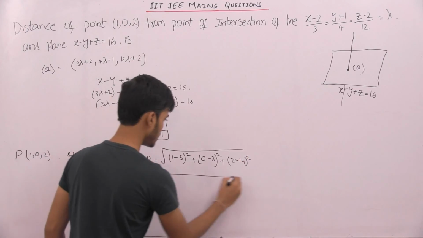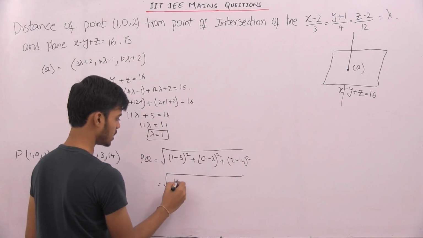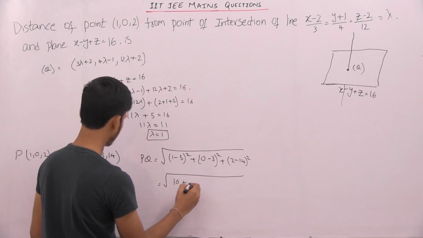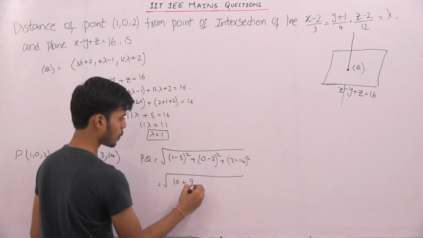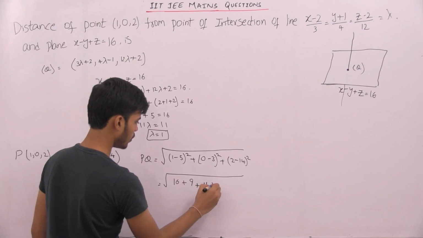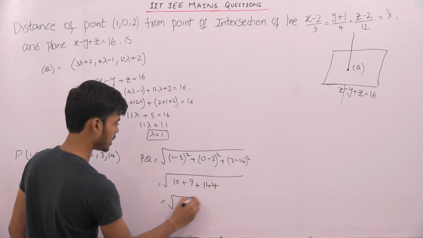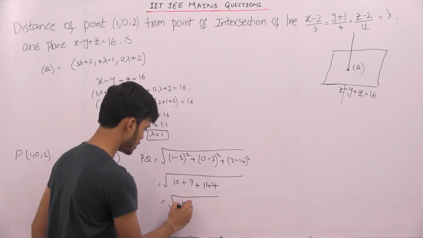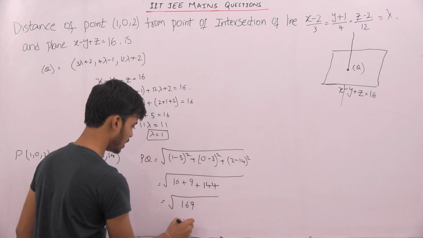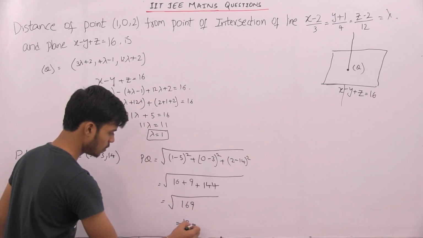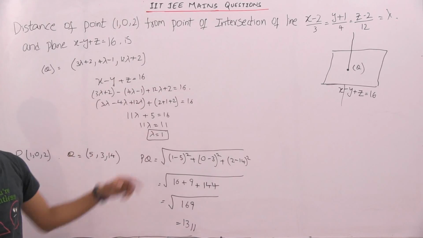So solving this, minus 4 square is 16, minus 3 square is 9, minus 12 square is 144. So 16 plus 9 is 25, plus 144 is 169, which is 13. So that's the answer. It's the distance between point P and Q.